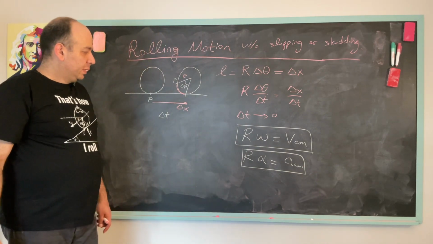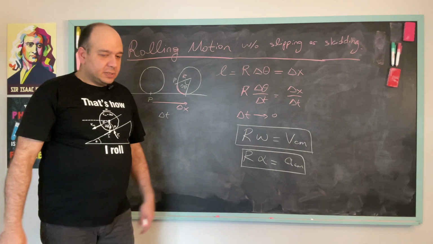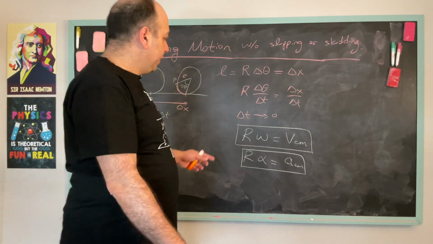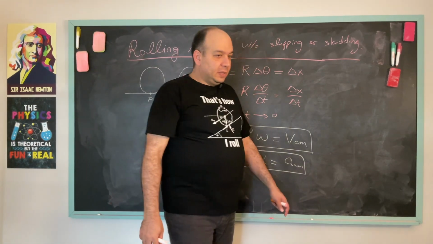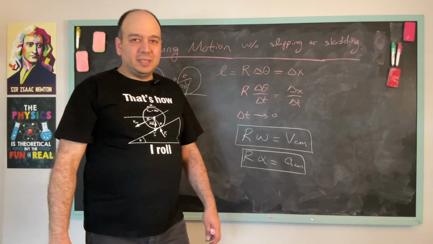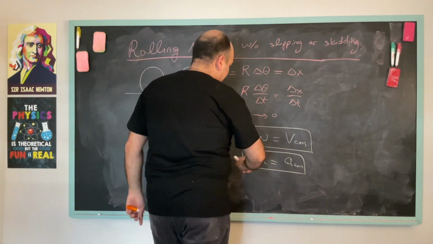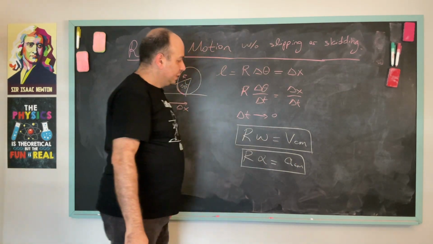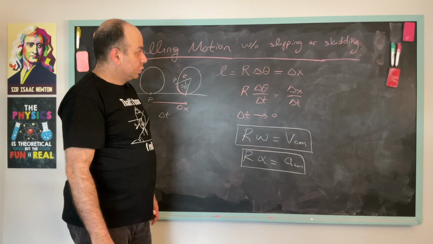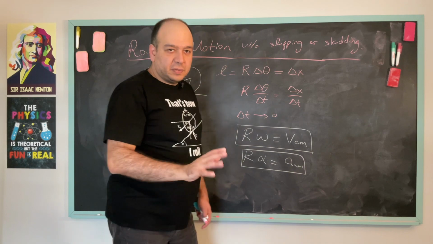When we write down our F equals ma and torque equals I alpha equations, we get a and alpha. Through this relation, we can make them related, so we will have another equation in solving our problems. I will discuss one more step and then we will finish.